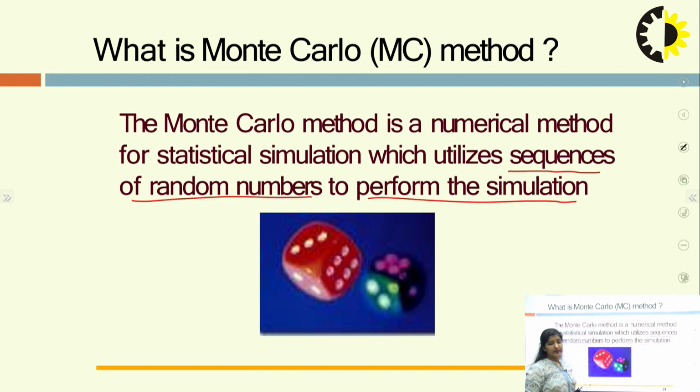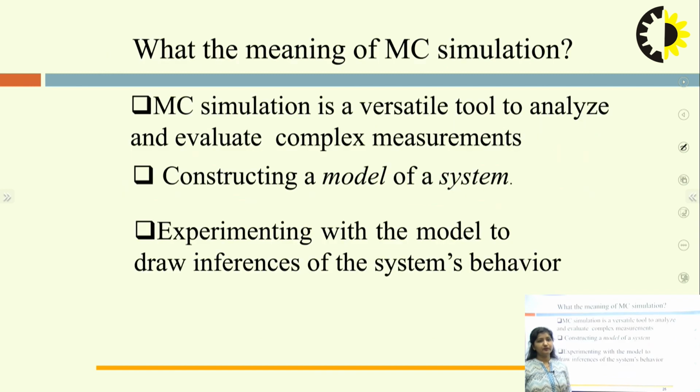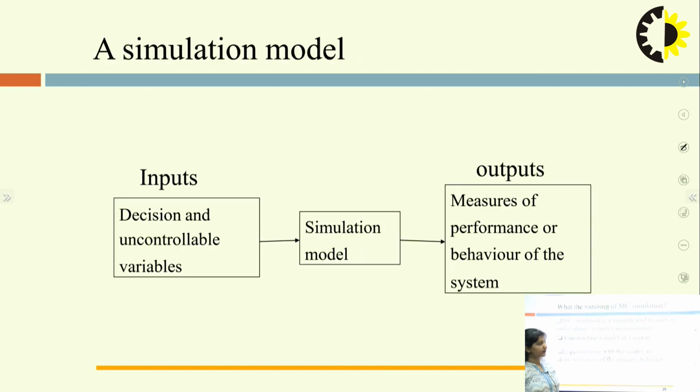The MC simulation is a versatile tool to analyze and evaluate complex measurements. It is basically to construct a model of a system and experiment with the model to draw inferences about the system behavior. So this is the particular method of the Monte Carlo simulation.